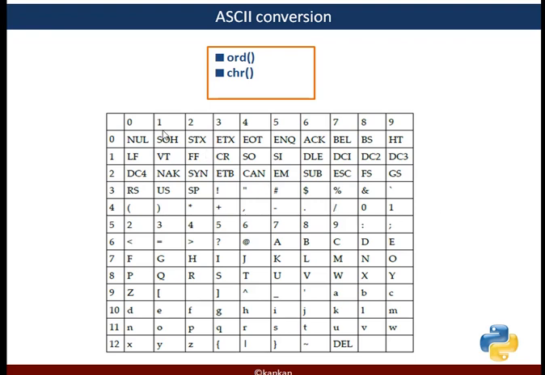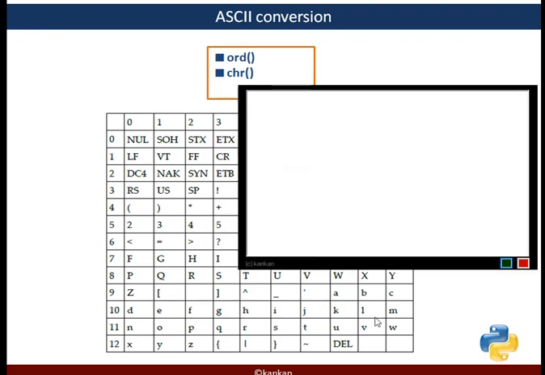This is the ASCII table. Every ASCII character has a value.